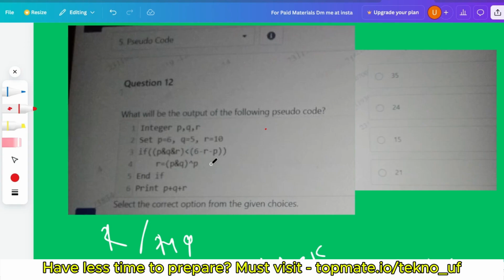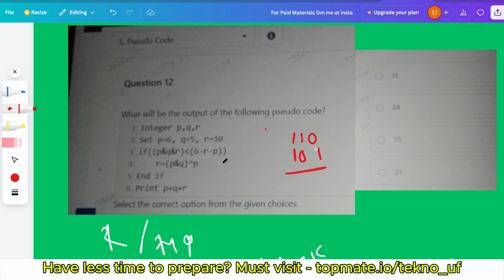Then we have to calculate the bitwise AND operation. The value of p is 6, so the equivalent binary number is 110, and q is 5, so the equivalent binary number is 101.